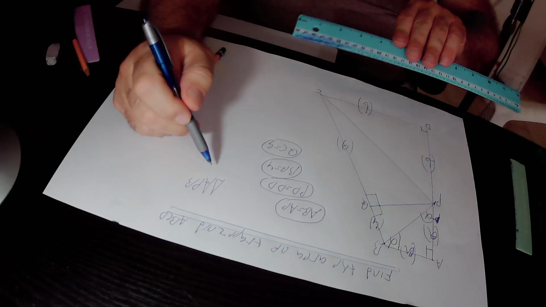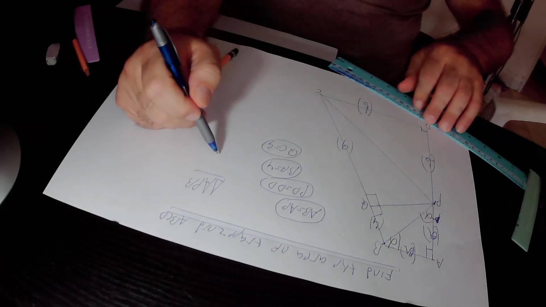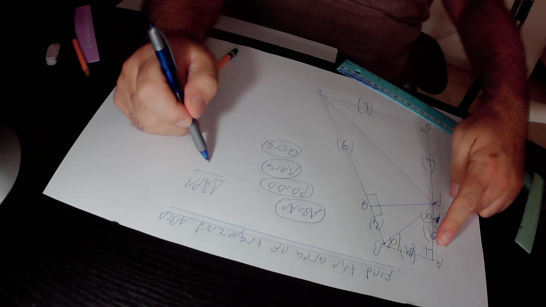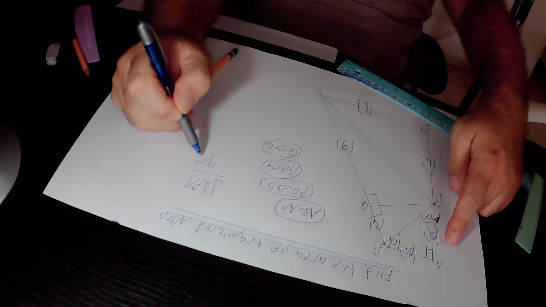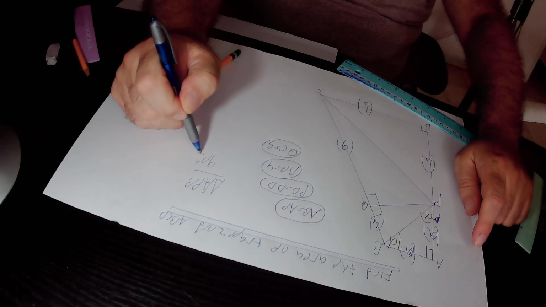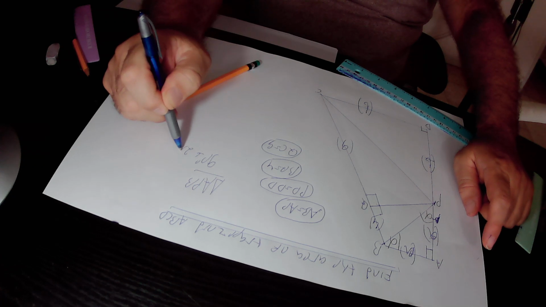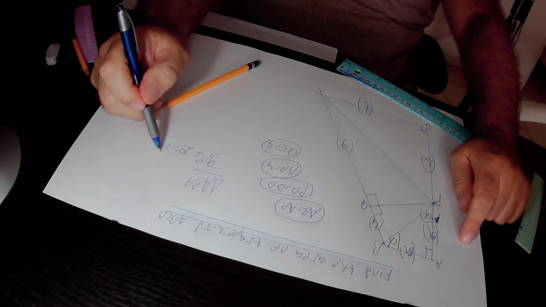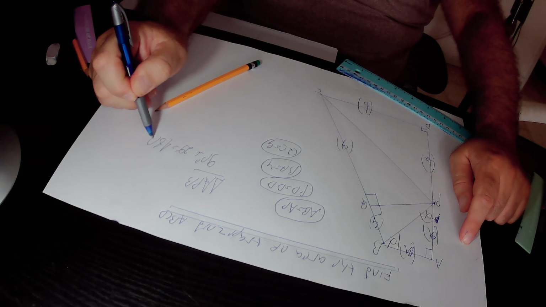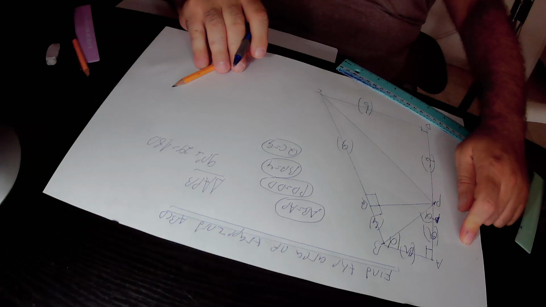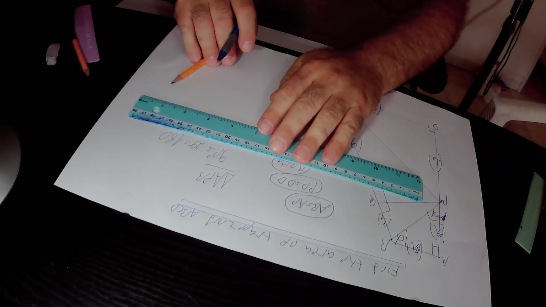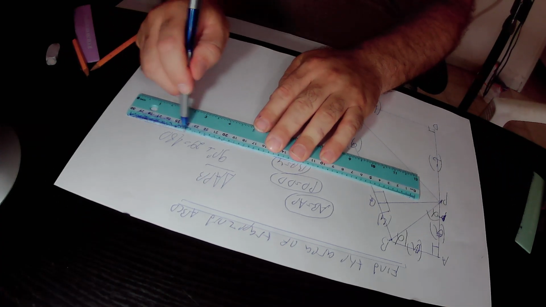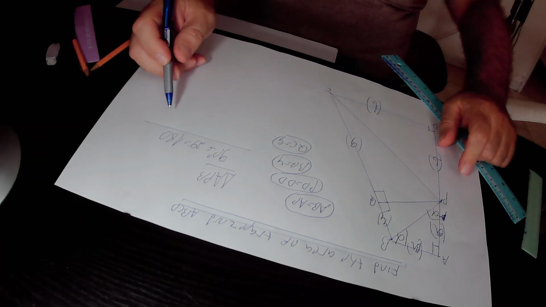We have this right angle, that is to say it is equal to 90 degrees, plus alpha, plus alpha, that is plus 2 alpha. In total, the sum of those angles must be equal to 180 degrees, according to the rule that the sum of the angles in any triangle is equal to 180 degrees. So 90 degrees plus 2 alpha must be equal to 180 degrees.